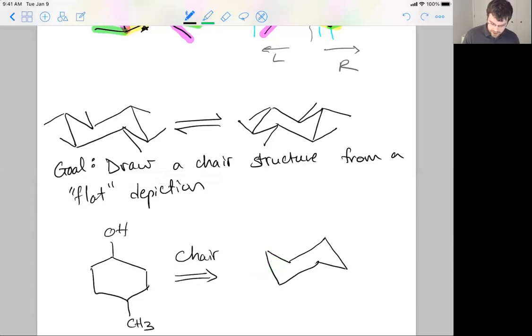Okay, now what I want to recognize is that I've got an OH and a CH3 attached to 2 carbons on my ring. And so the other thing I get to do is I get to pick which carbon, in this case, I want to be the square and which carbon I want to be the circle. I just get to choose, okay? As long as they are the same distance away from each other in both depictions. If you look, we could kind of trace around, the square is 2 carbons away from the circle.